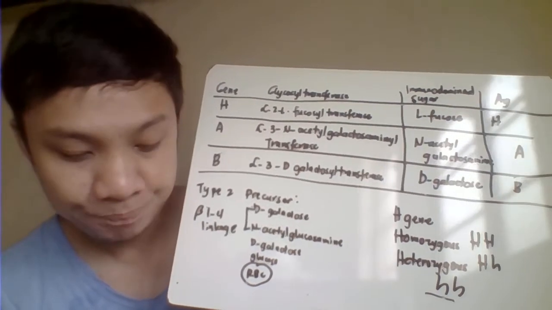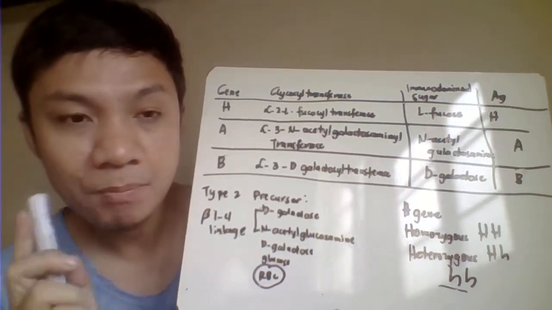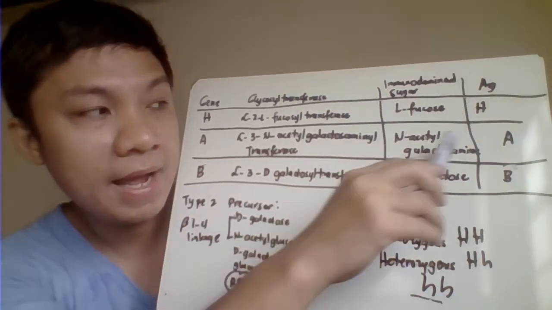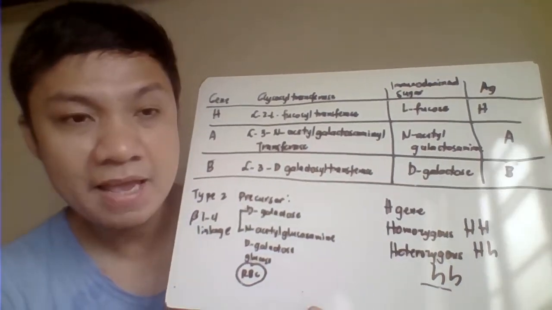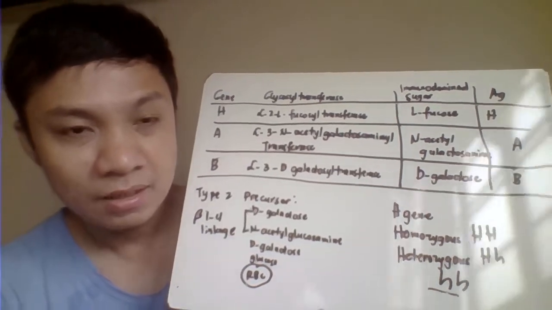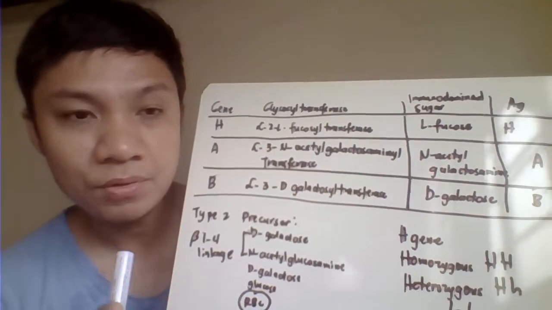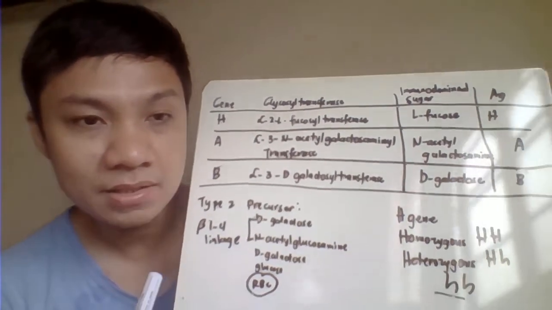Okay, clear? If you cannot produce H antigen, you also cannot produce the ABO or AB antigens. It means you first need the H antigen to be able to produce the A antigen and the B antigen.